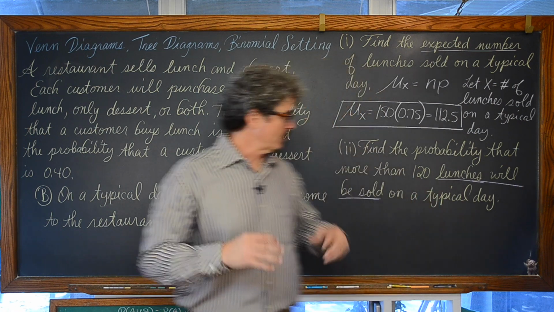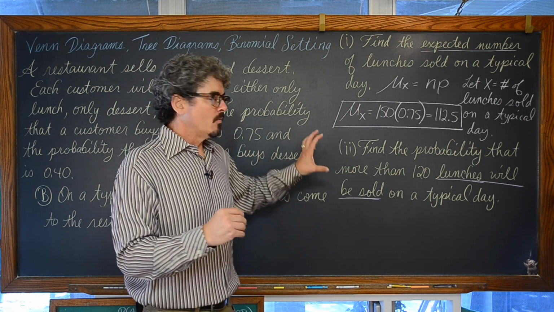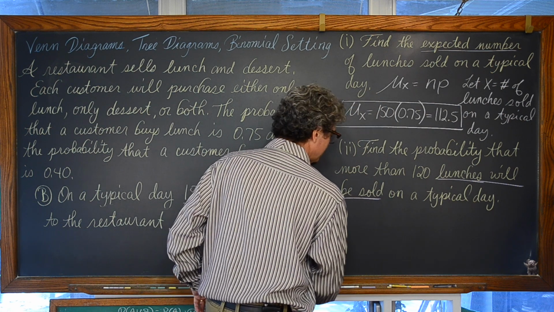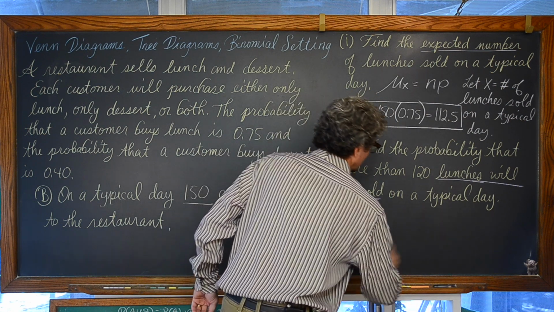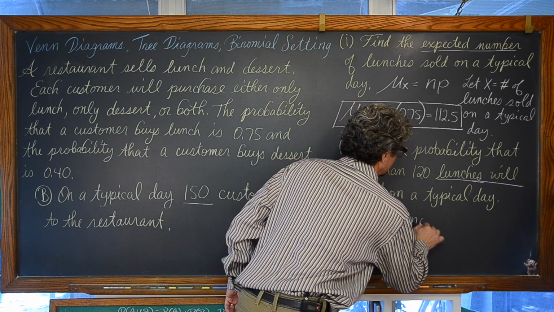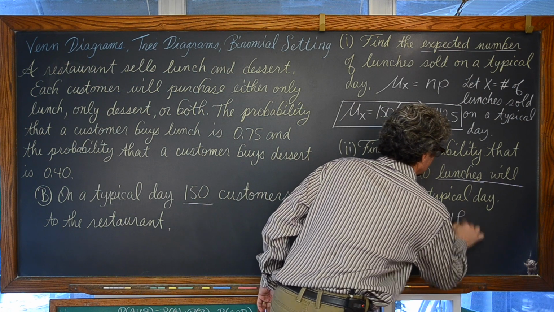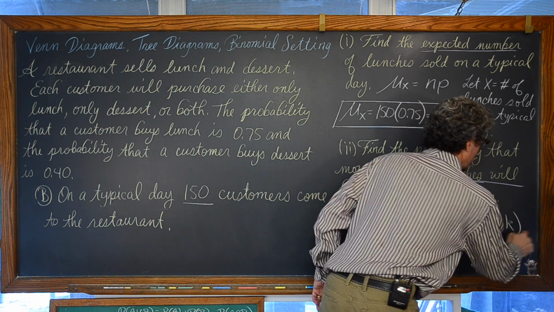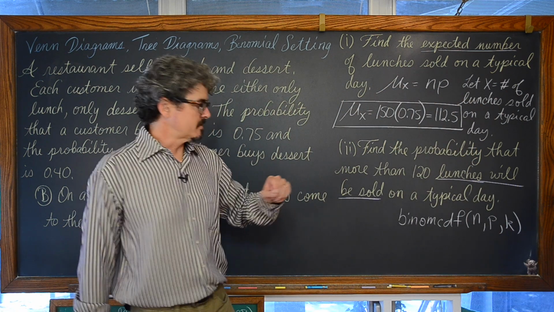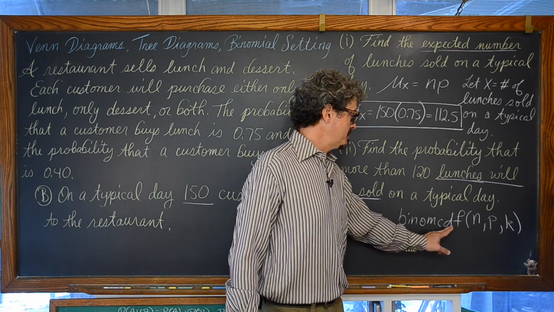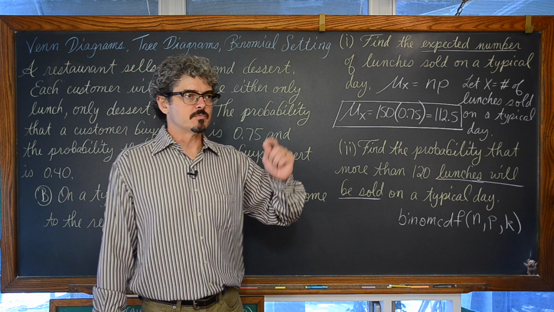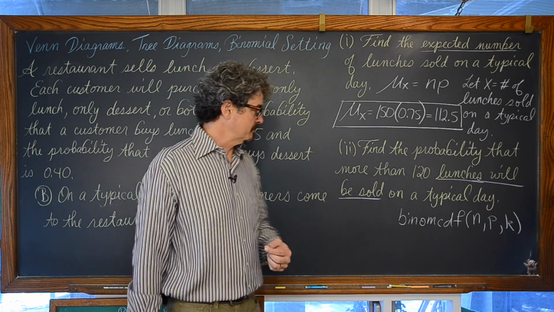We have that independence. And with all that being said, we have this command in our calculator, and I don't know what calculator you're using, but binomcdf(n, p, k), a binomial cumulative distribution function. You can usually find it on the TI-84 by doing 2nd, distribution.